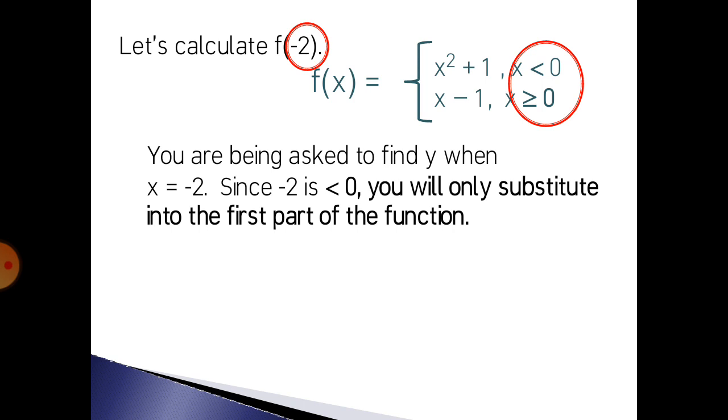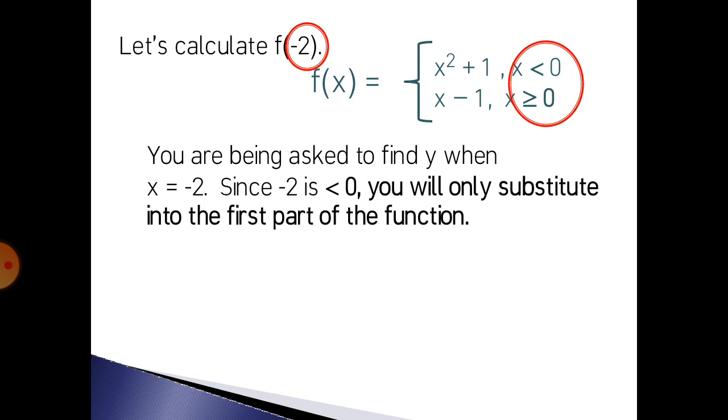Secondly, we have an example. Let's calculate f of negative 2 in the equation f of x equals x squared plus 1 when x is less than 0 and x less 1 when x is greater than or equal to 0. So, ano kaya ang magiging equation natin dyan?